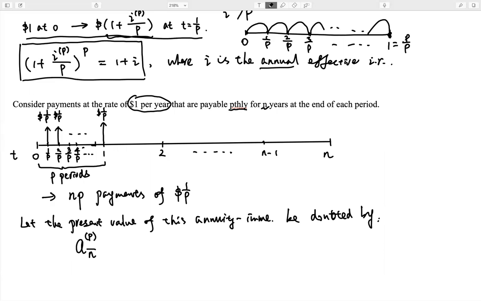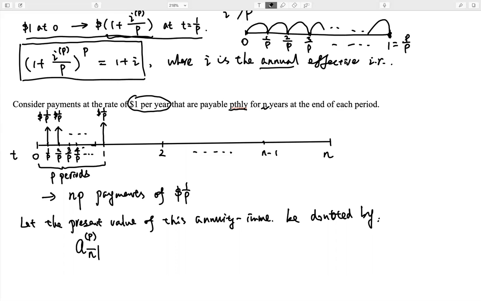We have a superscript, round bracket, and put P. Sometimes you can write the interest rate if you want, but often people don't write it. You put a specific number for a specific question. But we know this is the new notation we're going to use. It looks very close to what we used to denote, except now we put a new superscript, right?